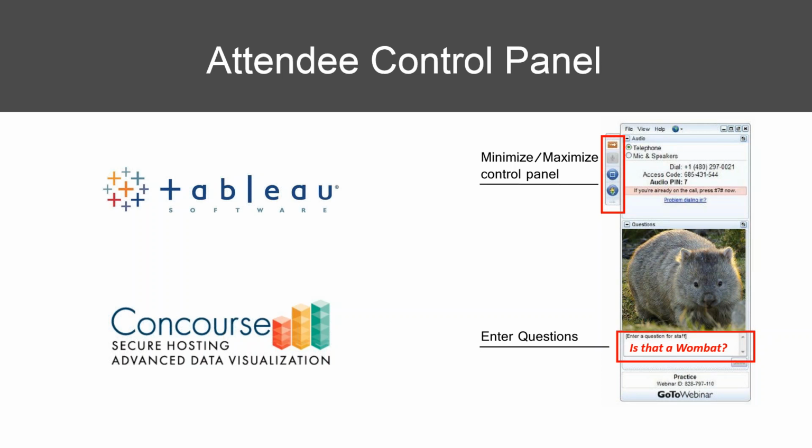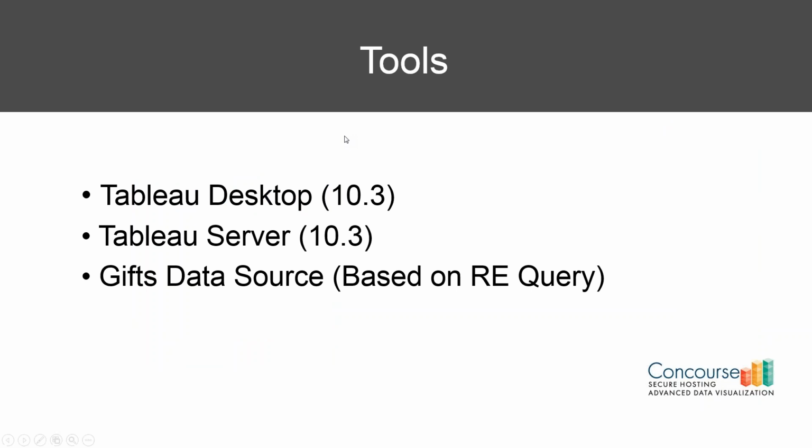We happen to specialize in Blackbaud software here at Concourse. So what you'll be seeing us demonstrating today is based on Raiser's Edge. So we'll be using a data source that is based on the Gifts query in Raiser's Edge. And I'll explain a little more about that as we go. Otherwise, the tools that we'll be using are Tableau Desktop, using the latest version, which is 10.3, and also Tableau Server 10.3.